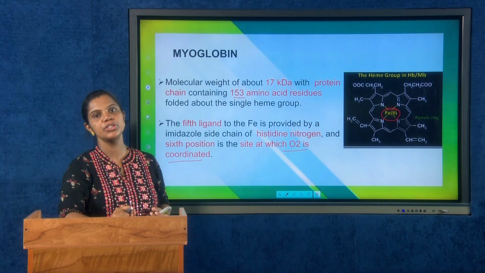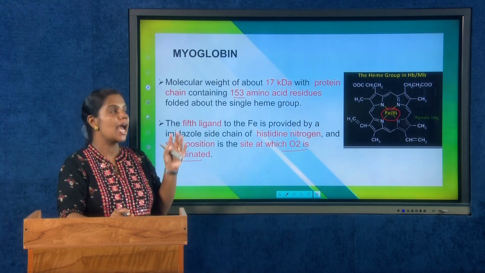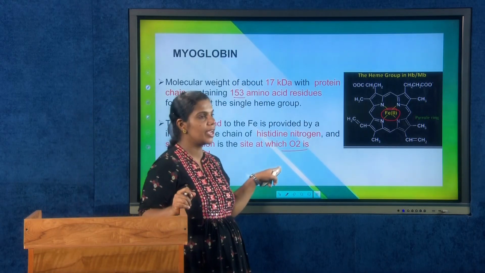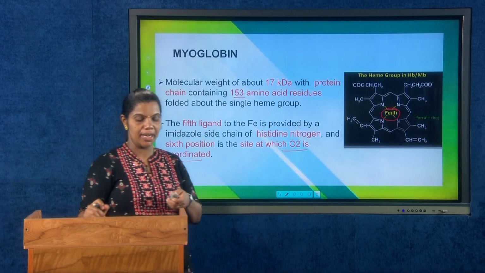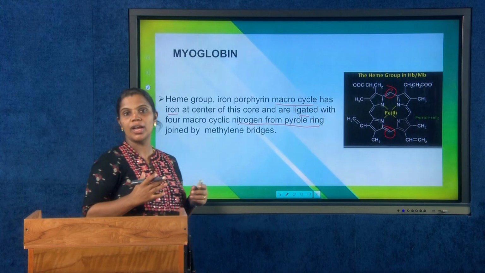The 5th position of iron is satisfied by the histidine nitrogen and it is the 6th position where oxygen is to be coordinated. The heme skeleton is a macrocycle that contains iron at the center of its core and has 4 nitrogen atoms from the pyrrole rings that are connected by methylene bridges. So, this is the structure of heme.